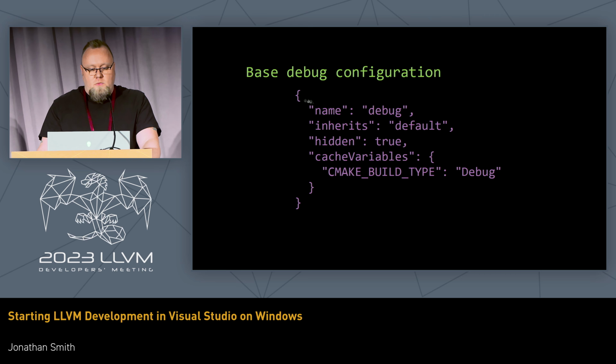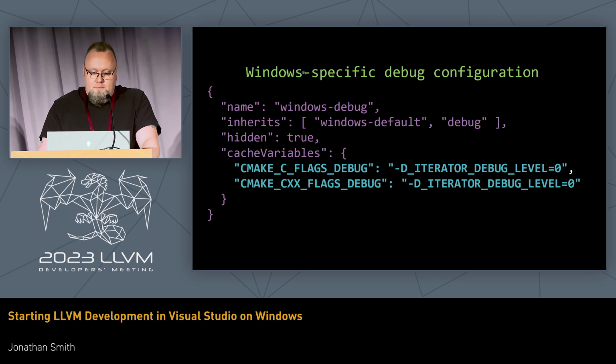So again, this is in the presets file, CMakePresets.json, CMakeUserPresets.json. Just adding this section for debug, making sure that the CMake build type is set to Debug. That's it, really. Then we inherit from that, because that's something that presets allow.